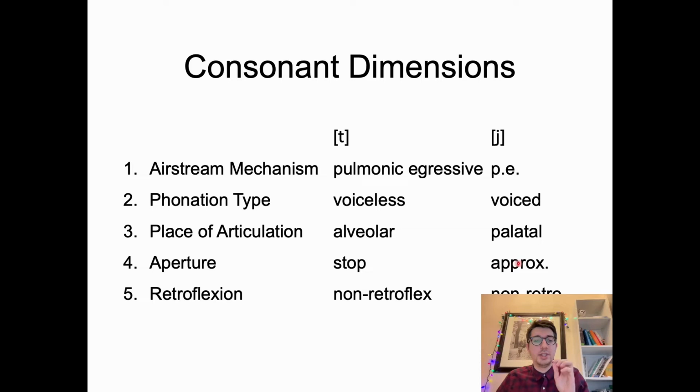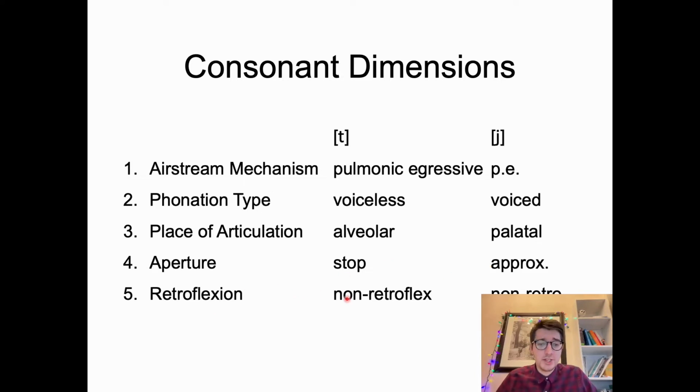For the y, we are not actually stopping the airflow completely, but we are producing the y by having the body of the tongue coming close to the palate, or to the roof of our mouth, and making what we call an approximant, because of the approximation of these two articulators, the body of the tongue and the palate.